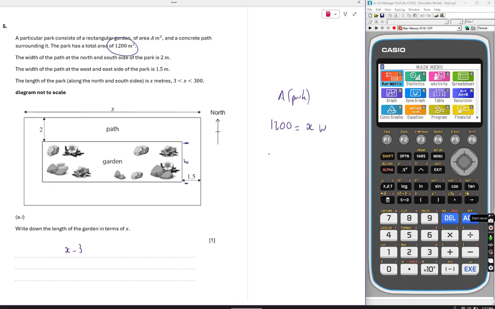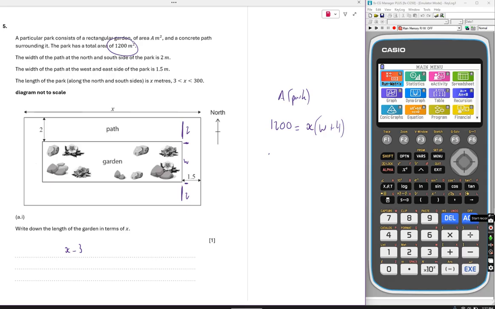So if I say that that's W, then the width of the entire park is going to be that W plus 2, because 2 meters is the width of the concrete path, plus another 2 down here. So now this is going to be plus 4, because 2 plus 2 is 4.